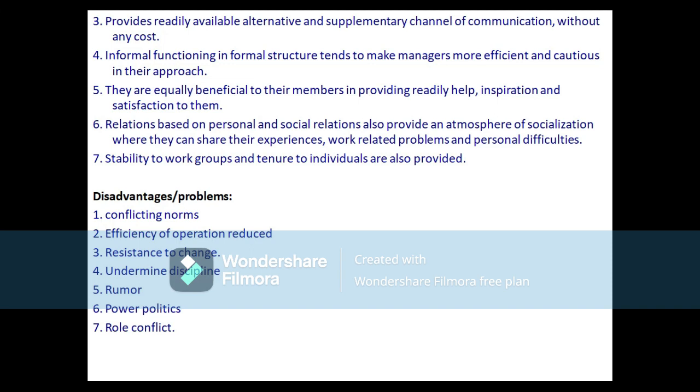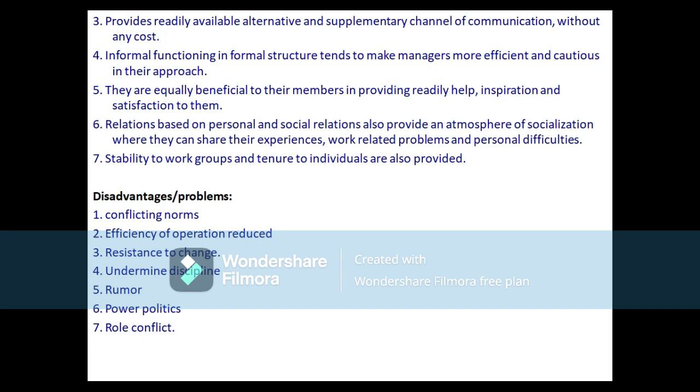And stability to work groups and tenure to individuals are also provided. Here it is definitely an advantage. Why? Because stability to work groups matters: if the members in the organization are continuously, frequently changing, leaving the organization, definitely it will be a negative impact for the organization. But if there is stability to work as a group, why?